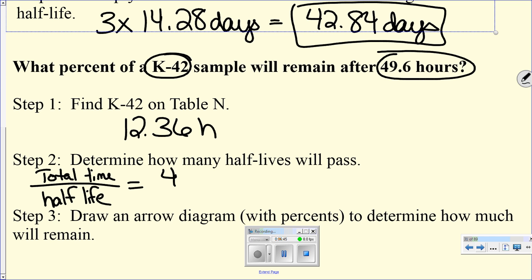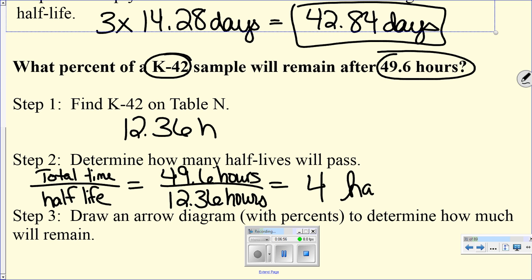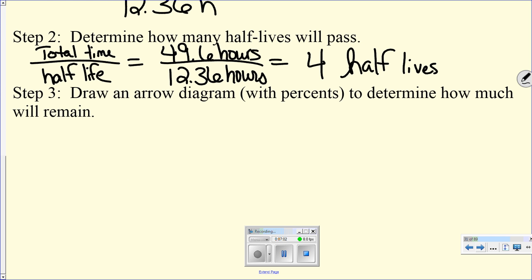So that's going to be 49.6 hours divided by 12.36 hours, which gives us 4 half-lives. So we know 4 half-lives are going by.